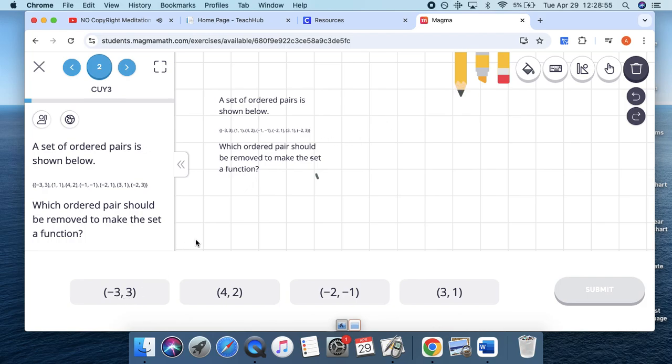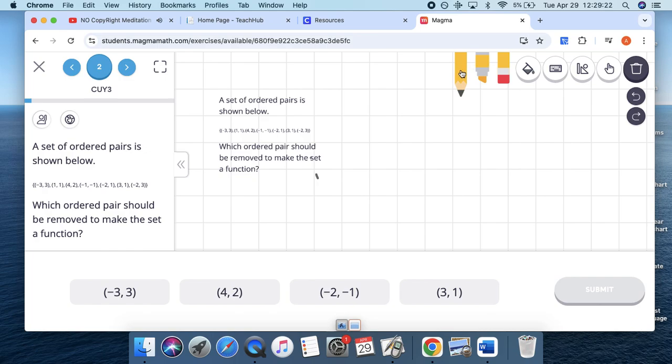So -3 and 3, if you look at the set of pairs over here, there's only one -3. There's only one x value that's -3, so removing it really doesn't make any difference. So 4 and 2, and again, there's only one x value that has a value of 4. So removing that, it's not it.